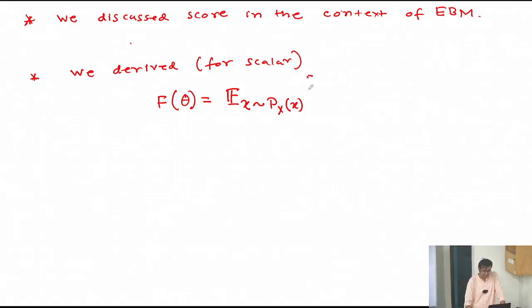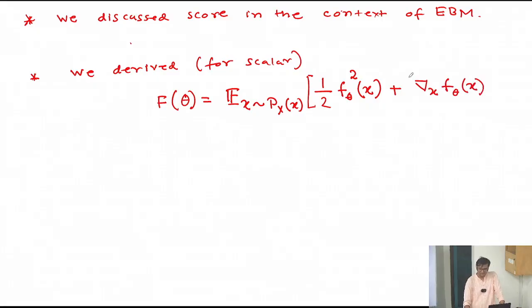And then there was one term which was half, if I am not wrong, of the gradient of f theta of x, whole square, plus, gradients were there.